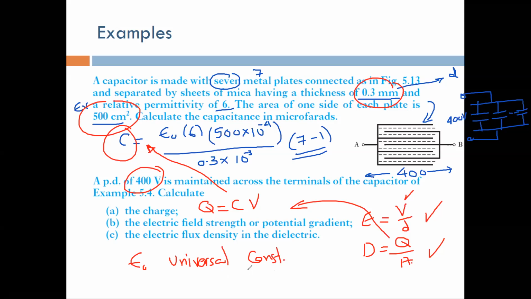You just get it and use it. You will never see epsilon naught given in the problem. It's up to you.